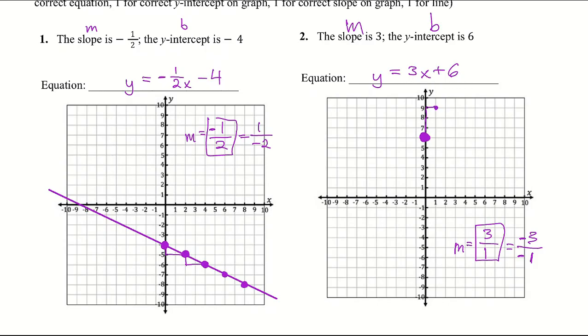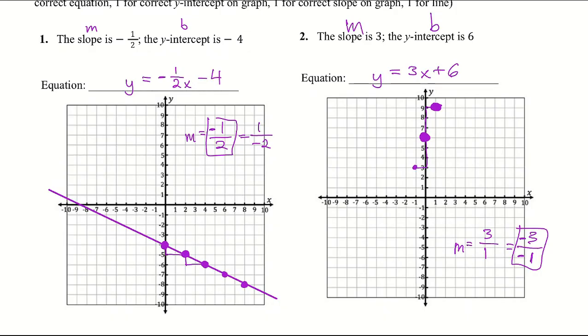If I tried this way again, I would be somewhere up here. Since I don't want to go off the graph, I will now use this other way, just to show you. From my y-intercept, I'm going to go down 1, 2, 3, left 1.